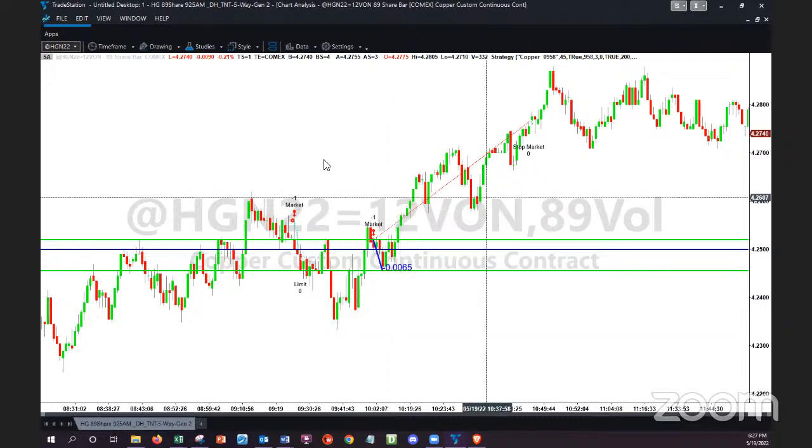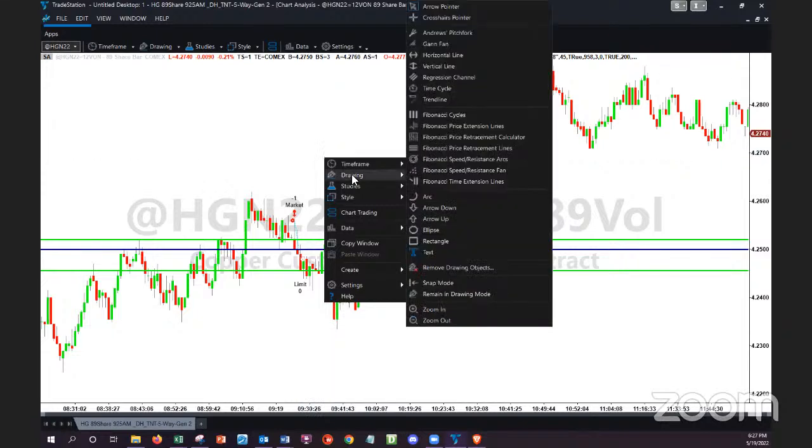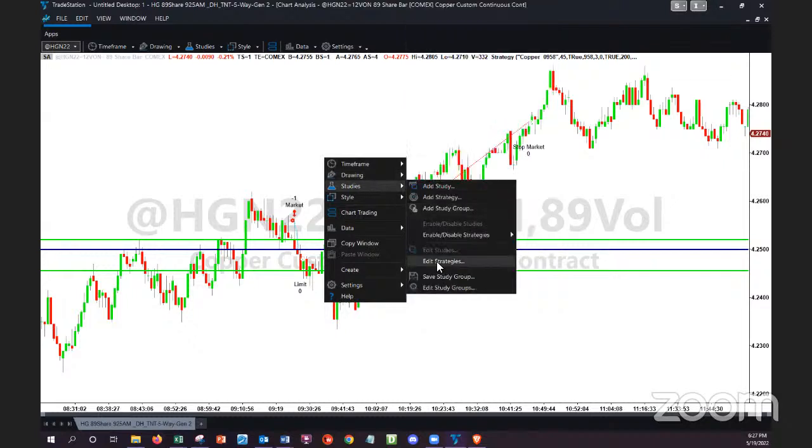You know what, let me see if I can get this to actually change some of the settings. Get it to show this trade.